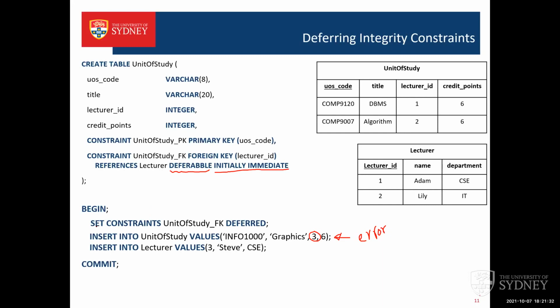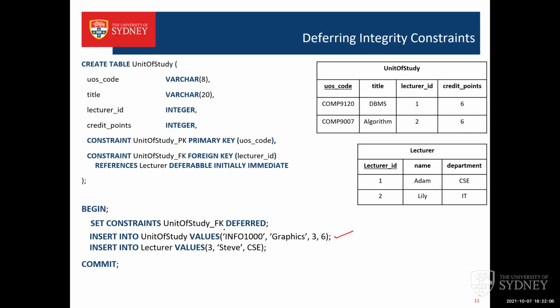If I set this constraint as deferred inside this transaction, now I am deferring this checking until the transaction is complete, when I find this commit. When I get this commit, that means the transaction is complete. So if I write this line, set constraint foreign key deferred, that means I am deferring this checking. At that time, what will happen? It will allow this insert.